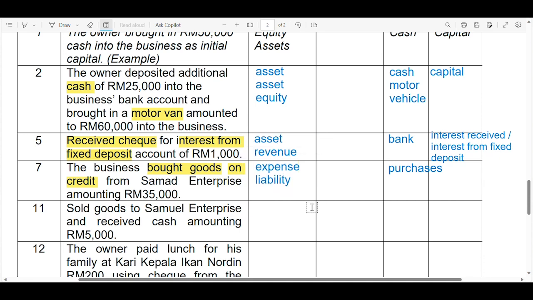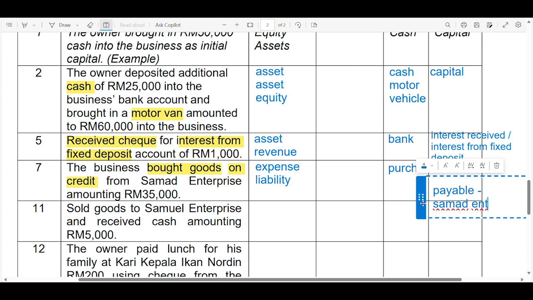Whenever there is an increase in liability, you credit the liability account. What is the name of the liability account to be credited here? Due to bought goods on credit? Yes, payable. Payable, Samad Enterprise. Very good.